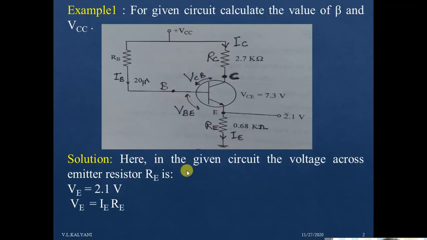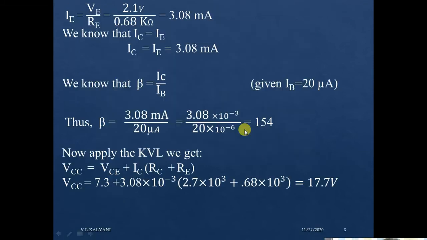Here this is the collector current, this is the VCE, this is IE, this is RE, and this is RC. So if we apply the KVL here, the equation will become this. Now calculate the VCC according to this equation.